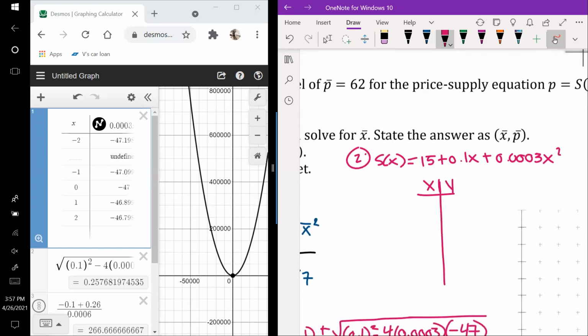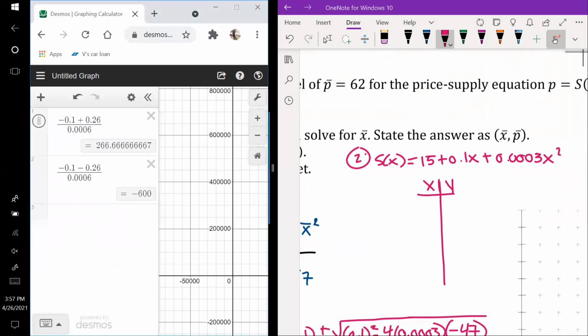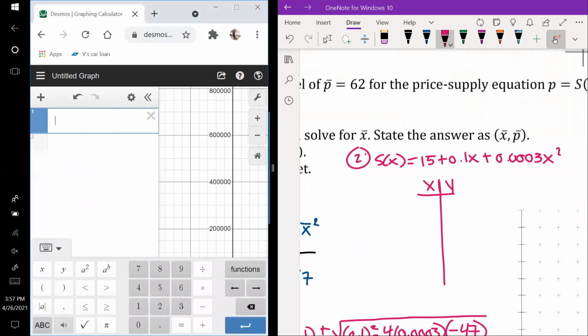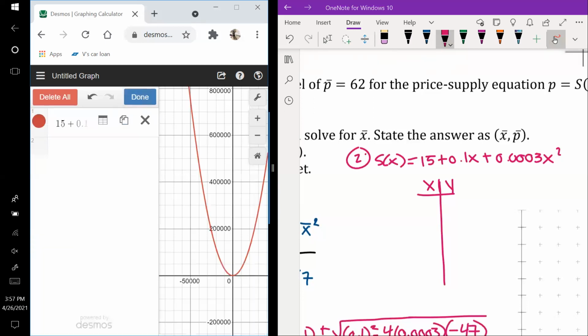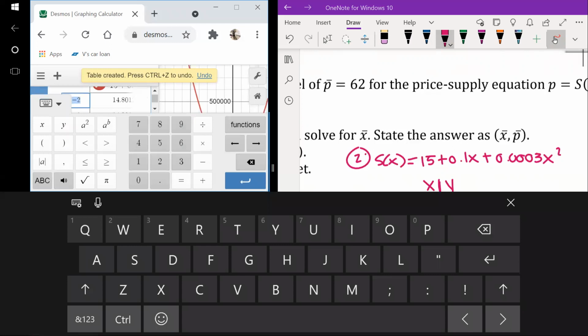And I have Desmos up already for that function. No, that's not for that one. That's for the new one. So I'm going to type this in all over again: 15 plus 0.1x plus 0.0003x squared. And then I'll use my table feature.